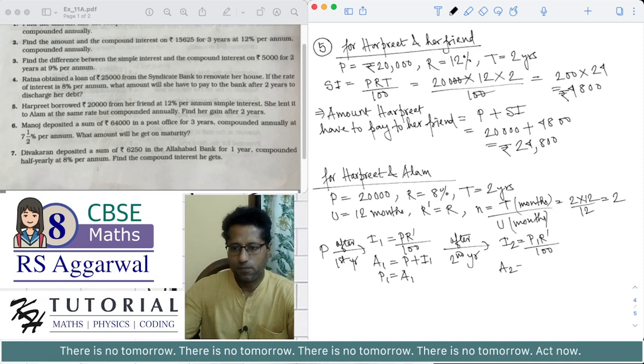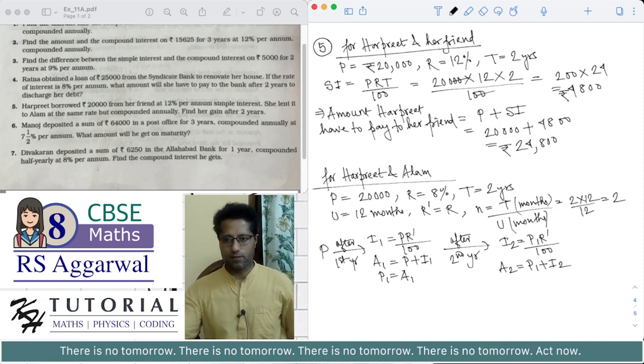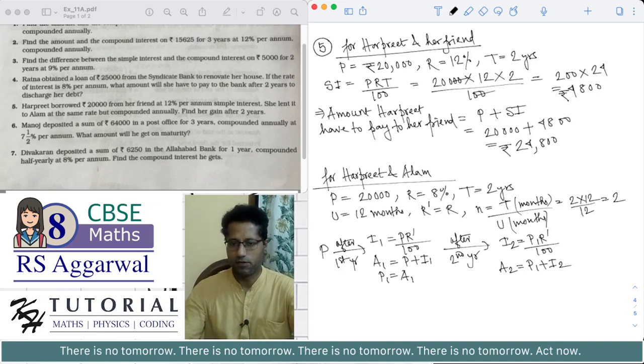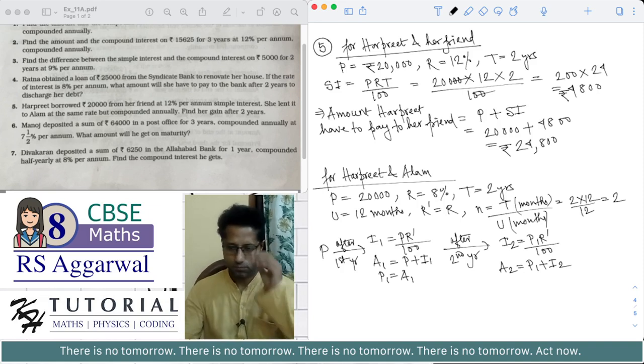A2 will be equal to P1 plus I2. So we have to find A2, which will be the final amount that Alam will need to pay Harpreet, or Harpreet will receive A2 from Alam.